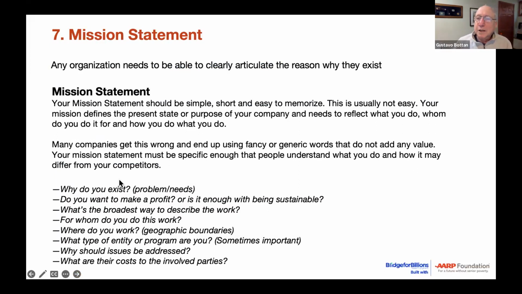In business, many times they say the vision is kind of strategy and the mission is the tactics. Okay, that has some connection, but not entirely. The mission statement really is what you or your organization will do and will achieve toward the vision.